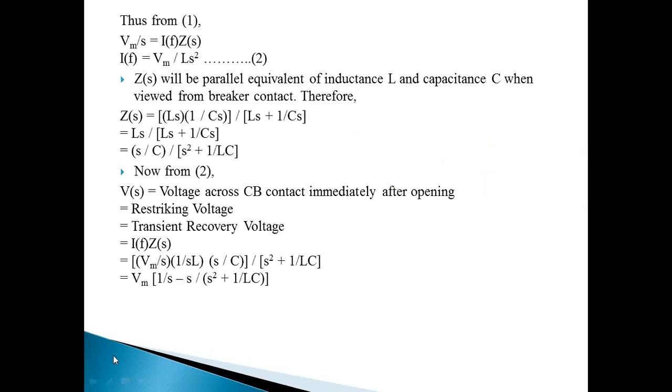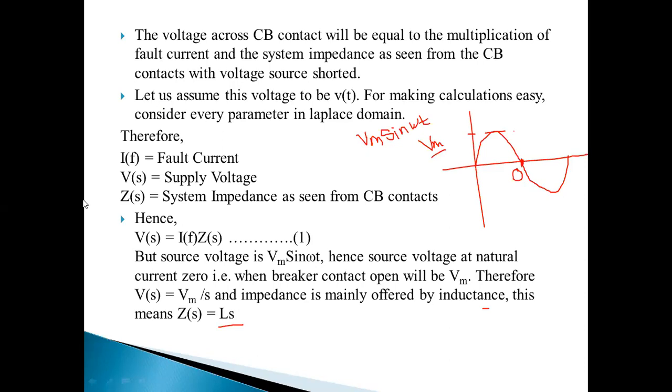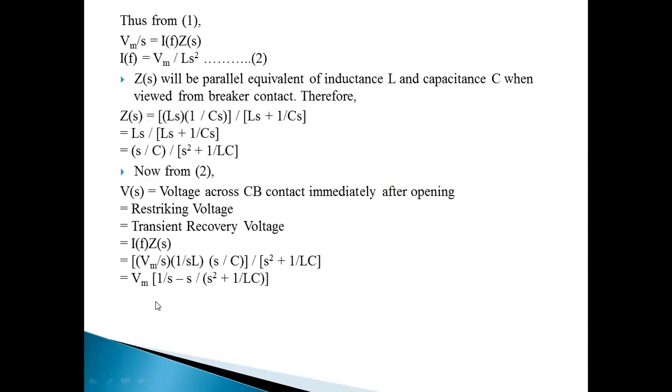From equation number one, we have to put the values here: V of S, the source voltage, is Vm divided by S, right? Vm divided by S is equal to I of F into Z of S.